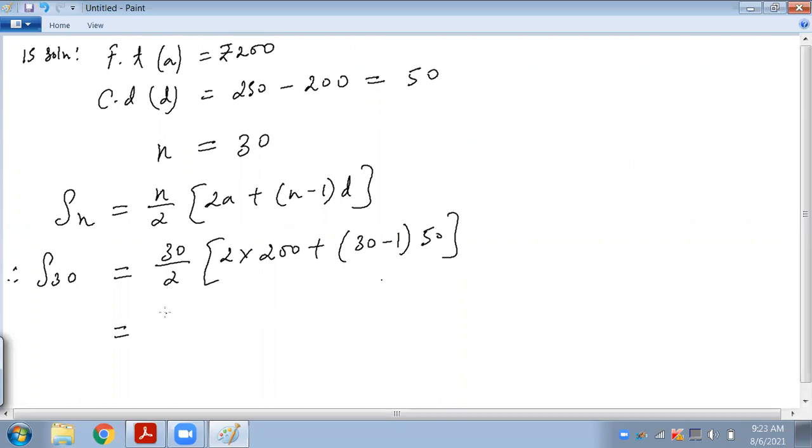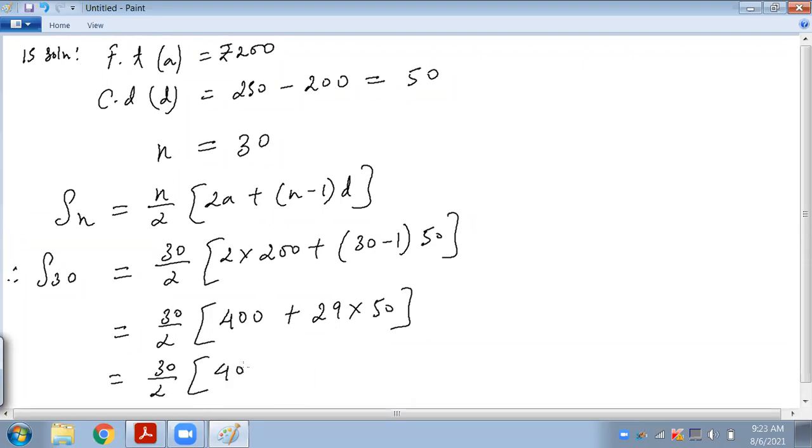Okay, so we can solve it. 2 into 200 is how much? 400. 30 minus 1 is how much? 29. Then again we can solve it. Now 29 into 50 will be how much? 1450.